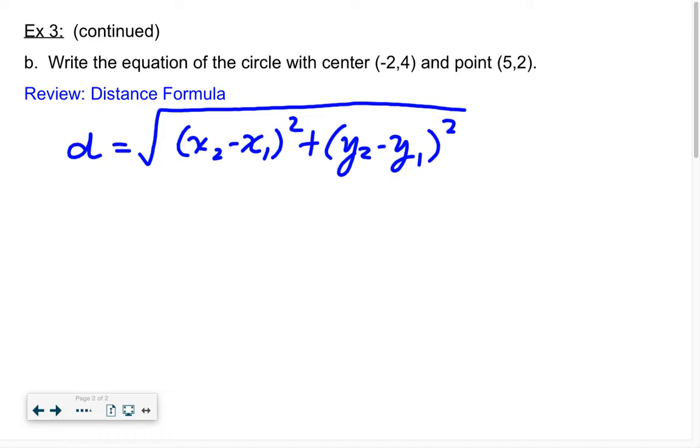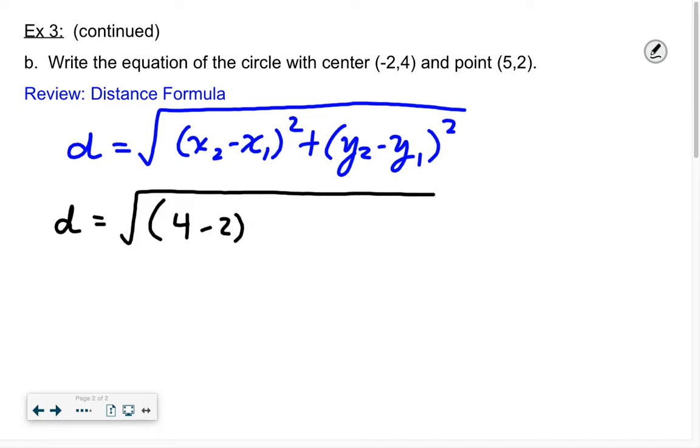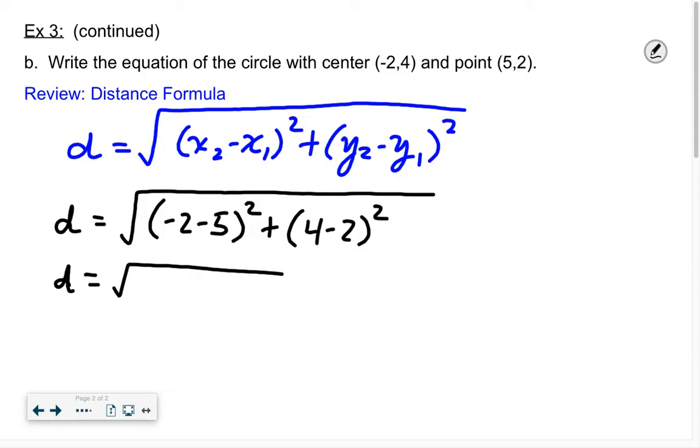Radius, which is what we wanted. -2 minus 5, -7.